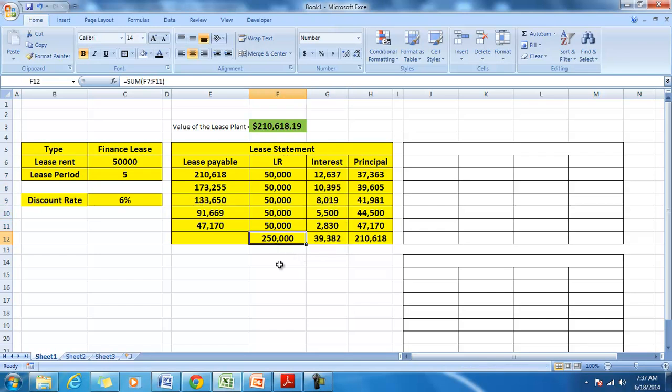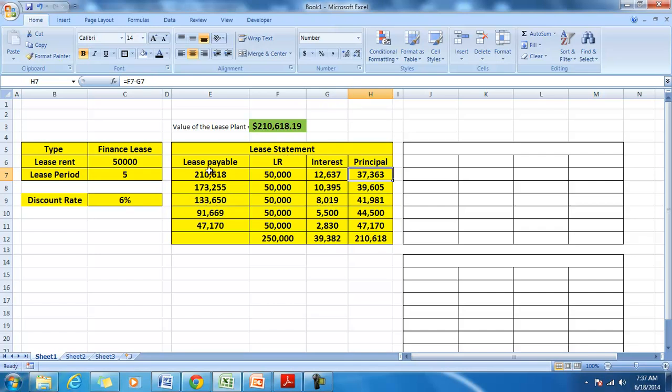So 250,000 includes 39,380 as interest, and the balance goes towards the original cost of the asset. So the excess money paid over the original cost is treated as interest. In case of a finance lease, there is a need to classify the lease rent into interest and principal.